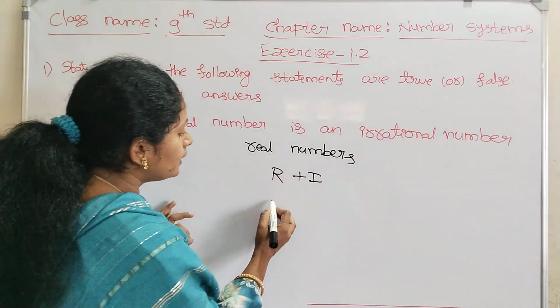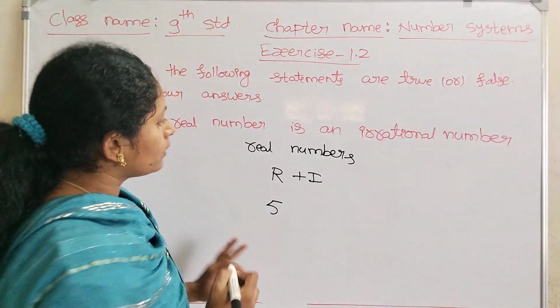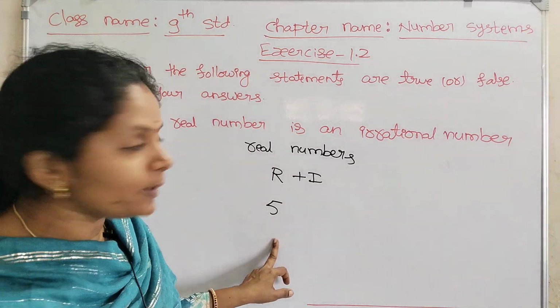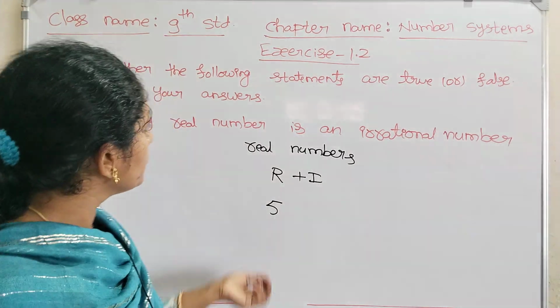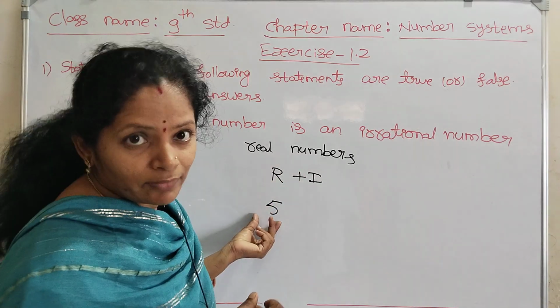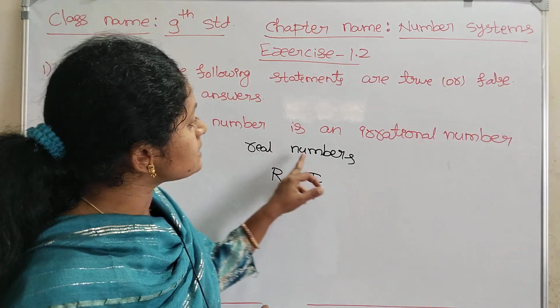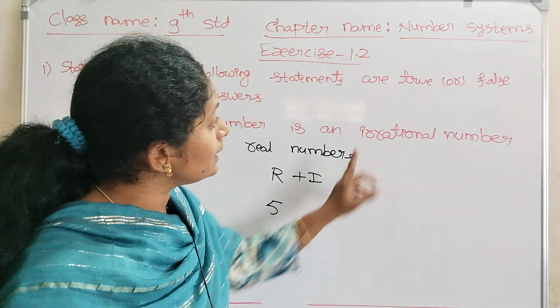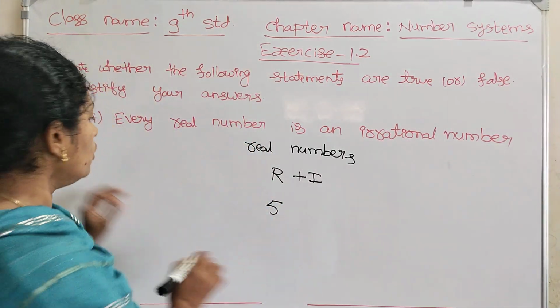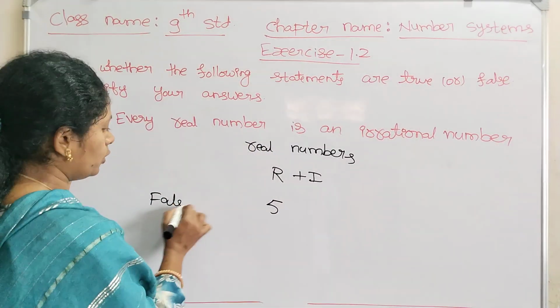Take any number, let us take 5. This number is rational because it can be represented in the form of p by q. We know this already. This 5 is a rational number as well as a real number. But is it an irrational number? No, it is not irrational. So the statement is false.